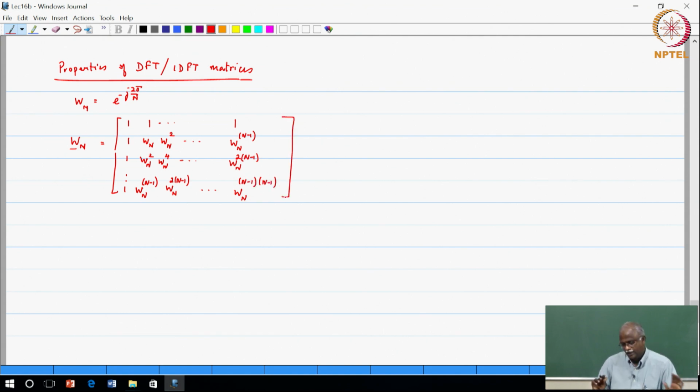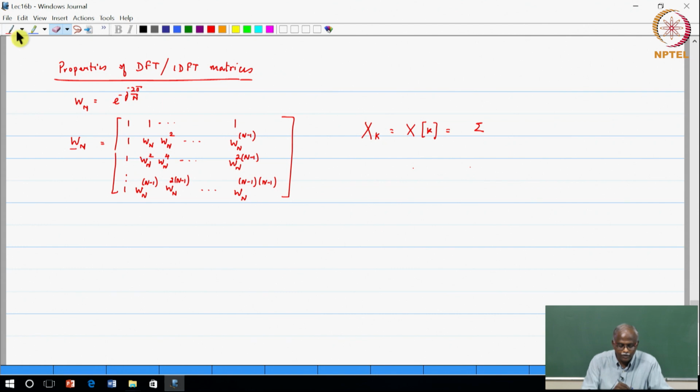Again, exactly what you would have studied in DFT, IDFT relationships. So, this is what we refer to as the DFT equation. X of k can be written as a summation, no, this is not a matrix, this is a scalar.